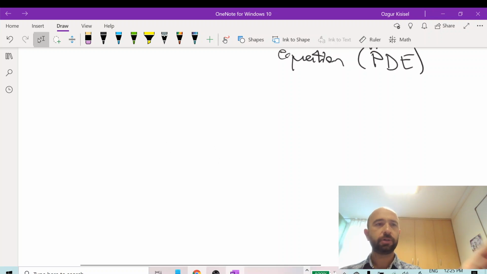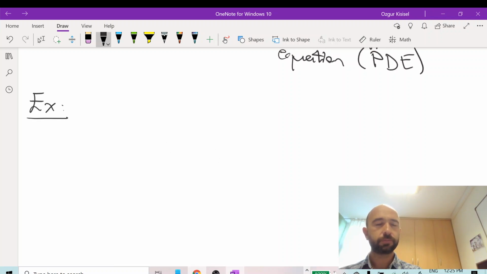Okay, now another issue. In the examples so far, we just had first derivatives, either ordinary or partial, but you could have higher derivatives. So suppose we have x of t now. Let's look at something with the second derivative.